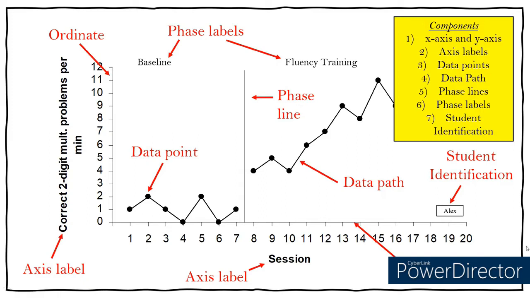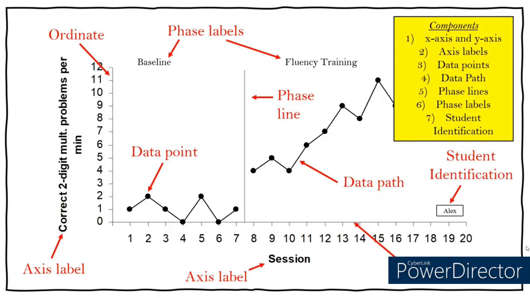You need to have a phase line. These are the lines that separate two different phases. So typically in a line graph, you're going to have a baseline phase, and this is when you measure the behavior under natural conditions. So how often is the behavior occurring naturally.